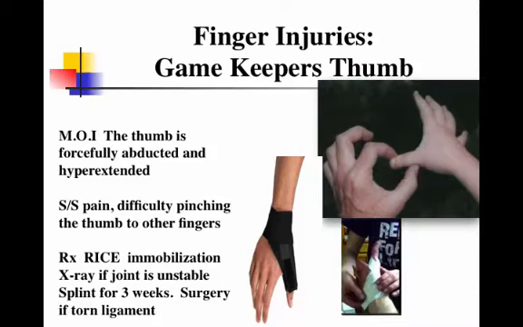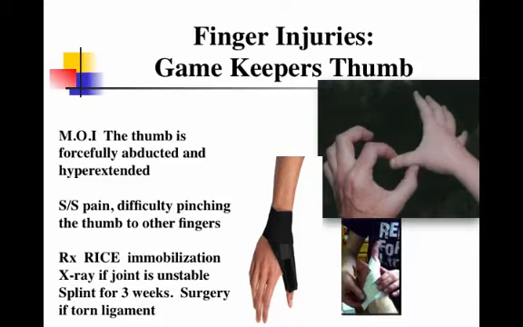Ask the athlete to make a ring with the index finger and thumb on both hands and interlock them as 2 rings. If the athlete cannot hold the rings tight as he or she attempts to pull them apart, this is a sign that the ligament has been stretched. If there is obvious laxity, as shown in the presentation, this is a sign that the ligament has been torn.